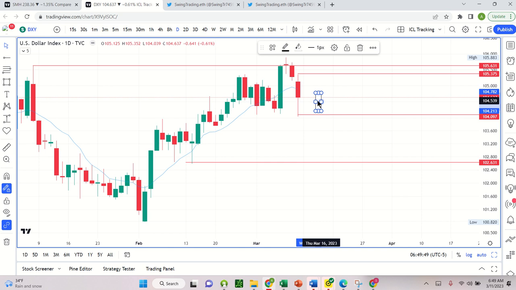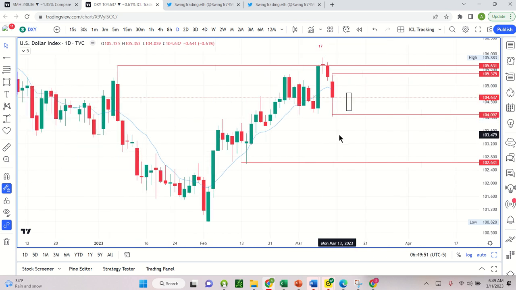Or it really will start trading Sunday night, because unless we gap down below this range or gap above it, that range is a high of 105.352 and a low of 104.039. So a pretty big range for the dollar. That's a range of more than a dollar for the dollar.